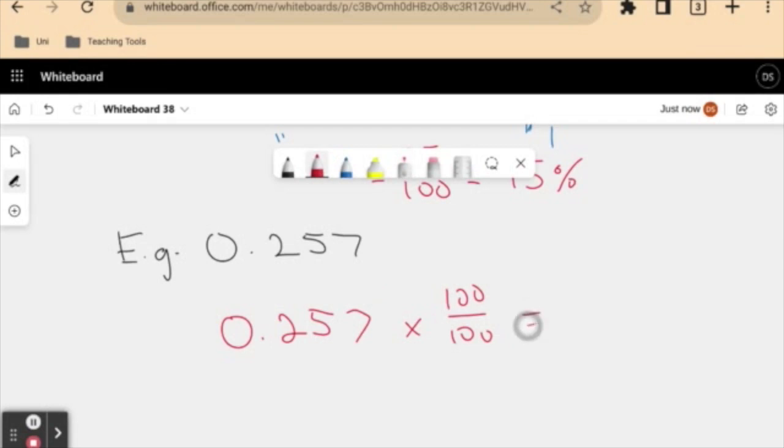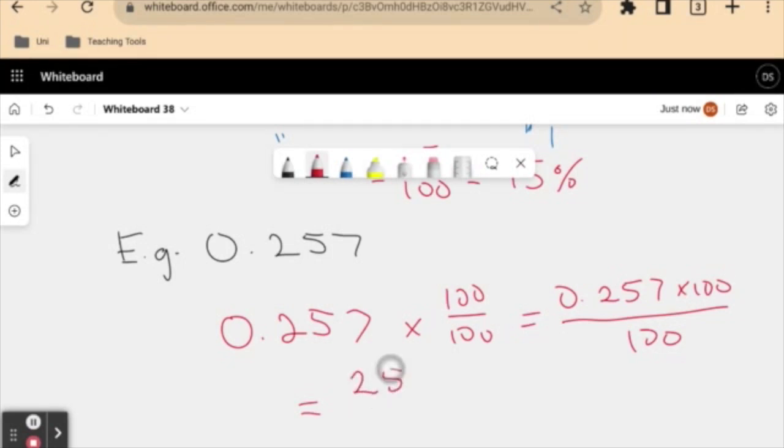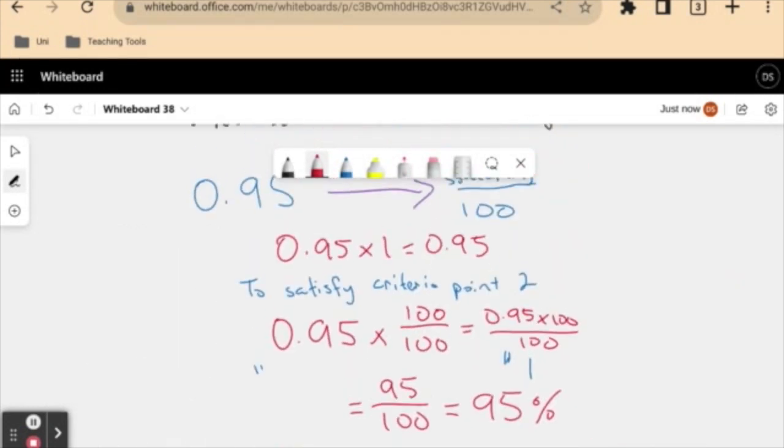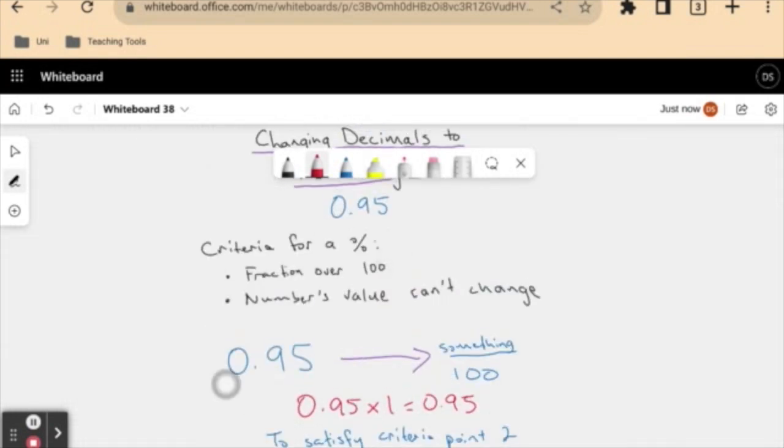So we will get left with 0.257 times 100 over 100. And then carrying out this multiplication in the numerator, we'll get 25.7 over 100, the fraction form required to show a percentage, which gives us 25.7%.